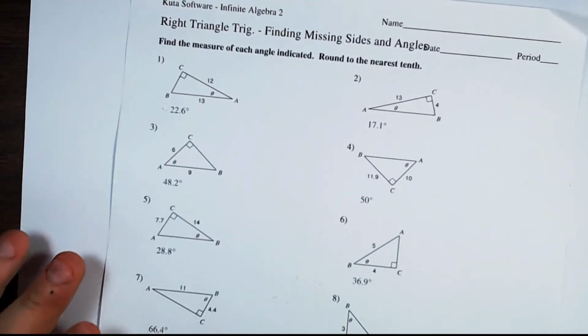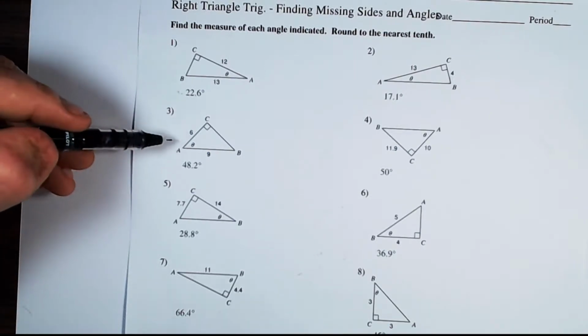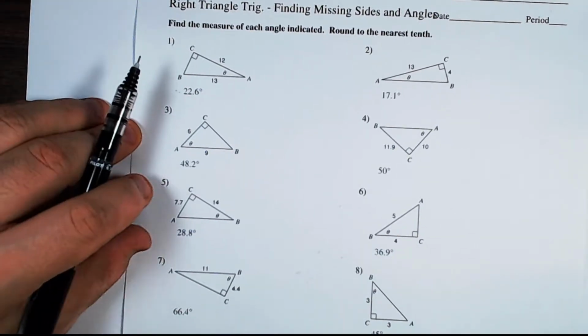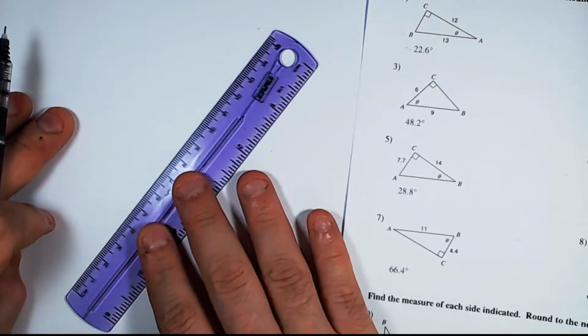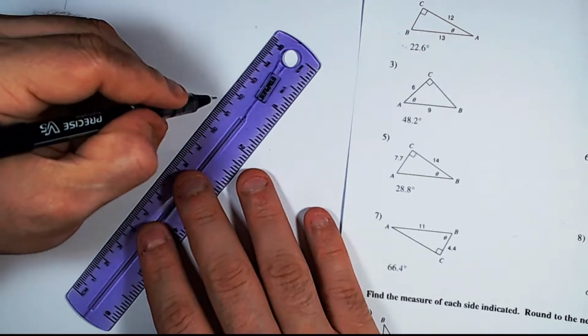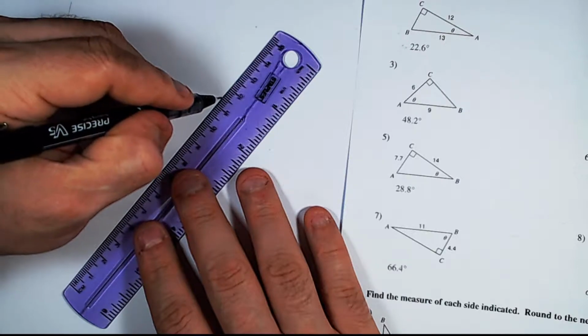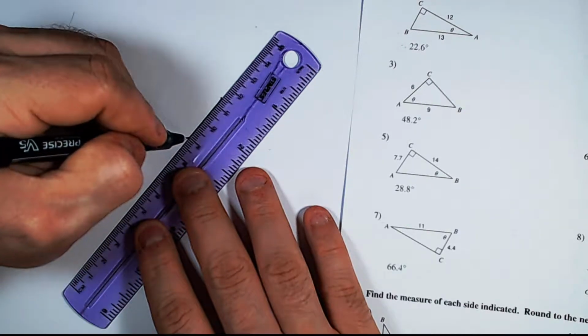For the next problem, we are given this triangle right here. Again, it's a right triangle. So let's draw it. It's a weird looking triangle. Okay.